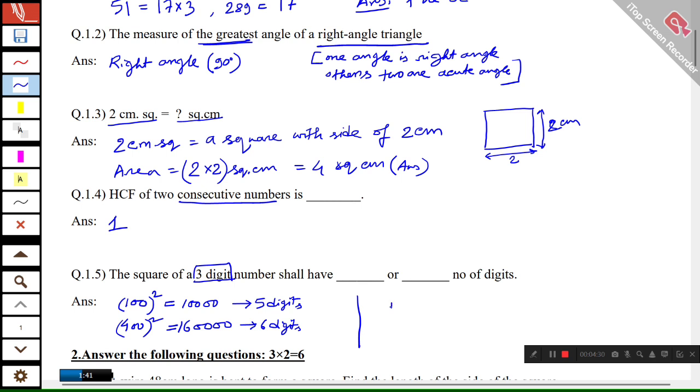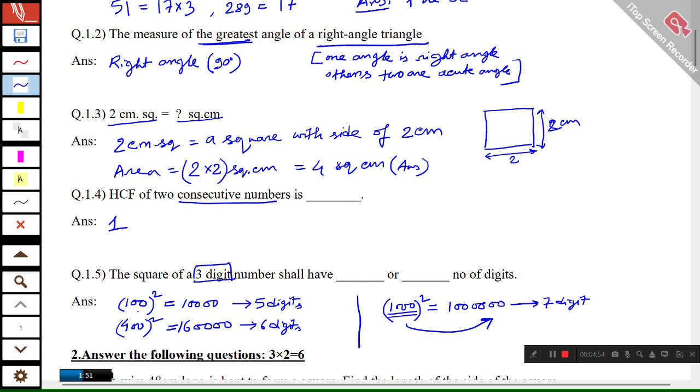See that if we square the least 4-digit number, 4-digit number এর স্কয়ার করলে আমরা কিন্তু সব সময় কত পাবো? 1 2 3 4 5 6, sorry 7 digit. So the 4-digit number's square is 7 digit.